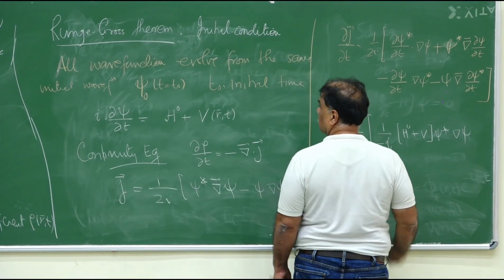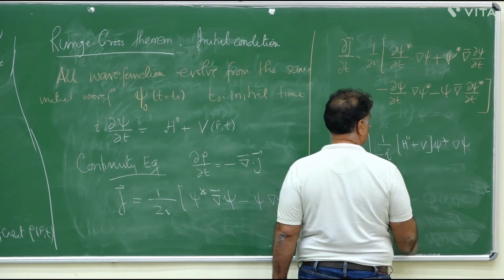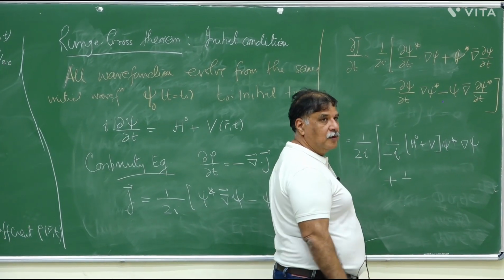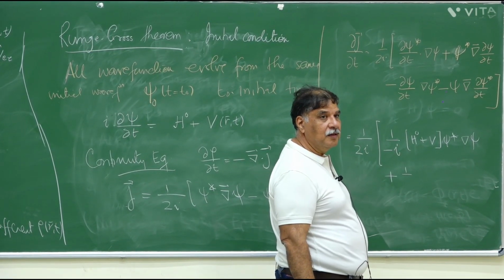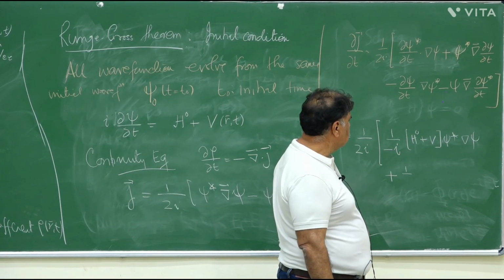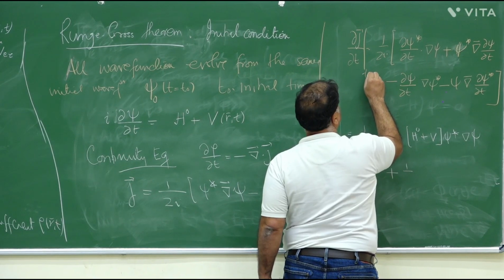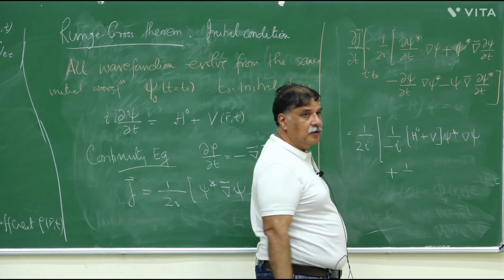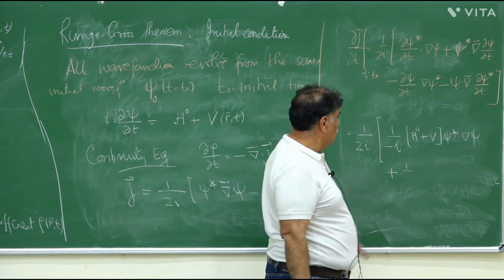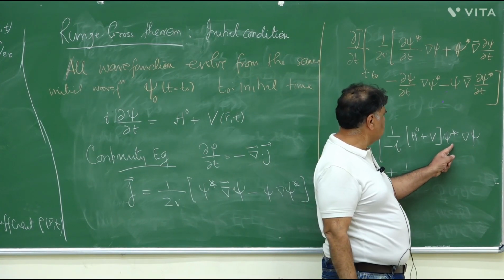Plus... In grad psi you don't need to put the value of psi? I'm calculating all this at t equals t0. You are putting the value of psi star, so you don't need to write the psi star. I wrote psi star.